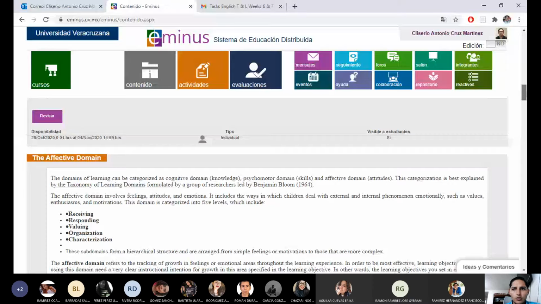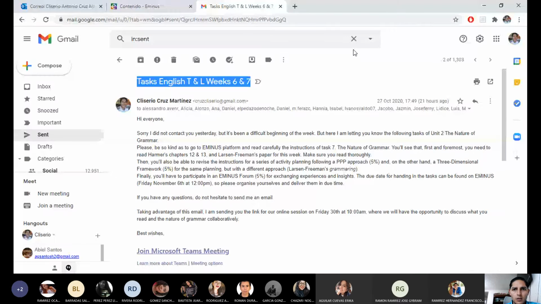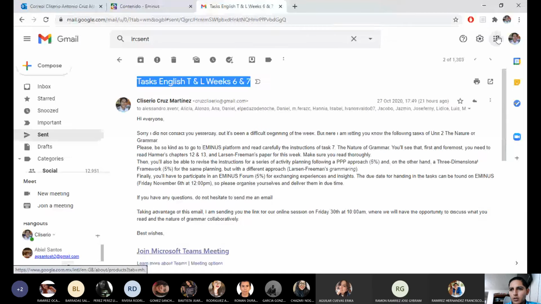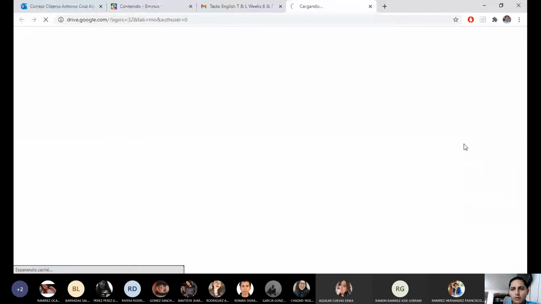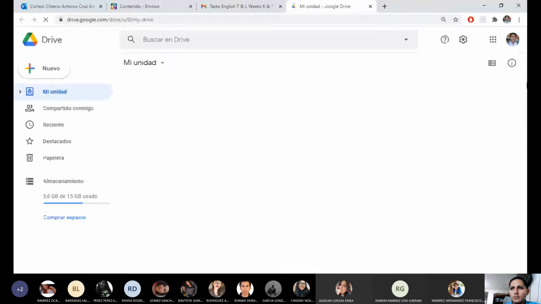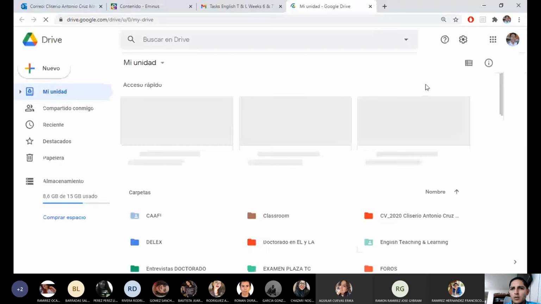Now, if you go to the Drive folder, you will see there the folder in which you need to upload your response paper. It's loading. Hold on.